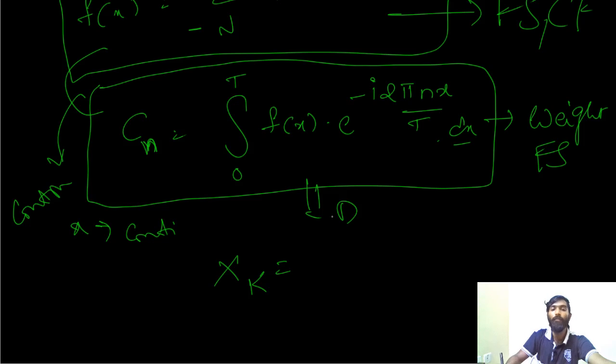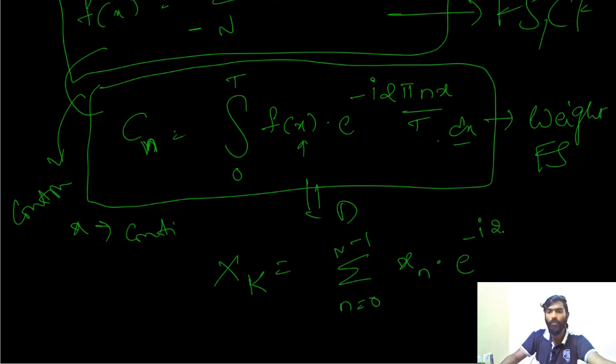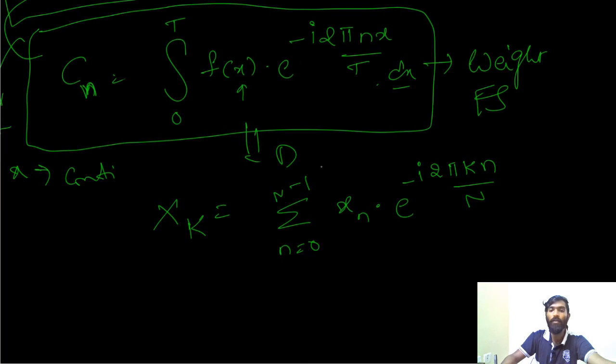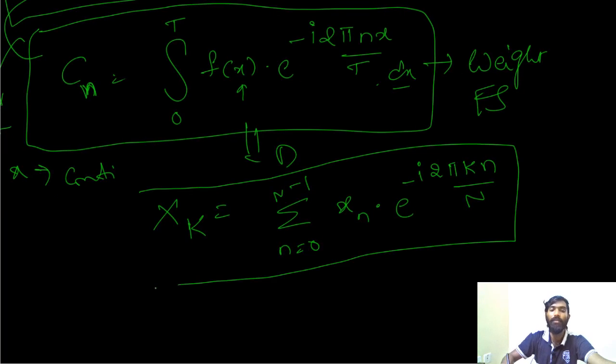In the discrete world, the analogous function, because when I say analog you can confuse between discrete and analog, that transforms a normal wave into its frequency domain Xk is a summation over n going from 0 to N minus 1 of xn into e power minus i 2 pi k n by capital N. This is the transformation that transforms a given time series signal into its frequency domain components, and this is called the discrete Fourier transform.